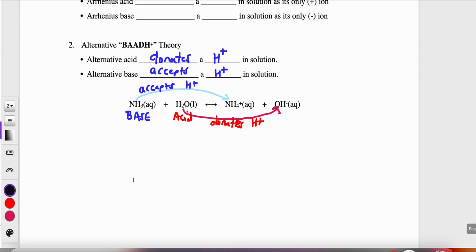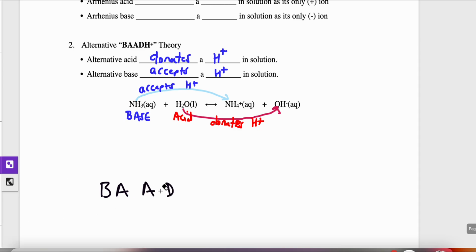So in our bad theory, okay, we have B, A, D, H plus. Write that a little bit better.